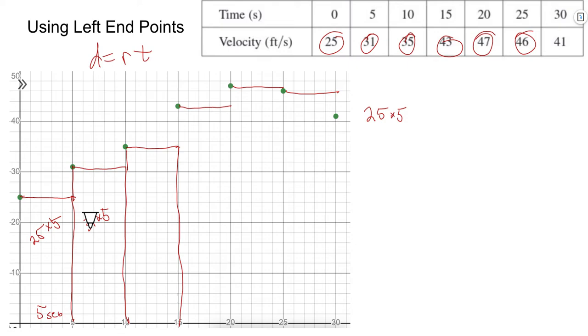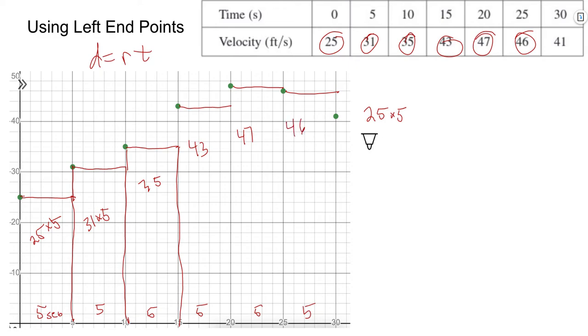Each of them has a base of 5, and the heights I'm taking from here. So this one's 31, this one's 35, then 43, 47, and 46.